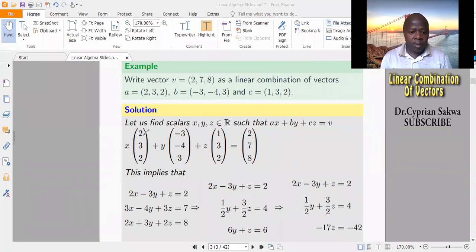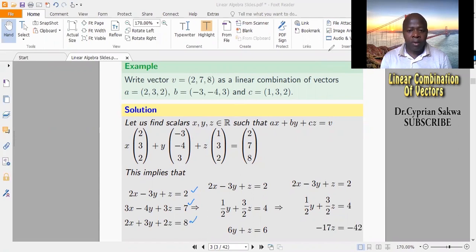So this would be 2x minus 3y plus z equals 2. And this would be 3x minus 4y plus 3z is equal to 7. And this would be 2x plus 3y plus 2z is equal to 8.